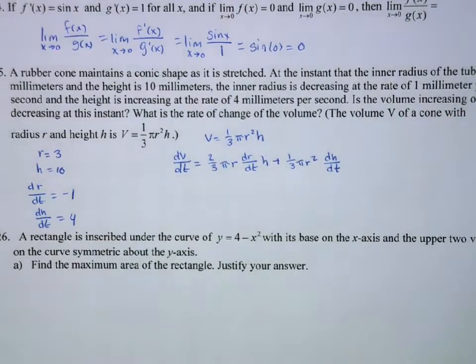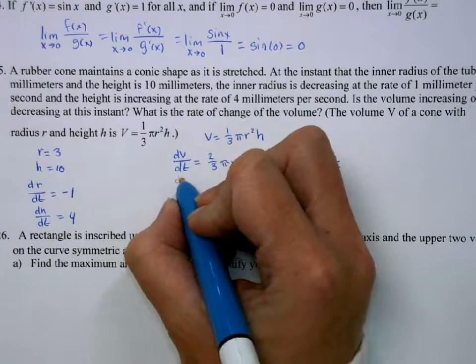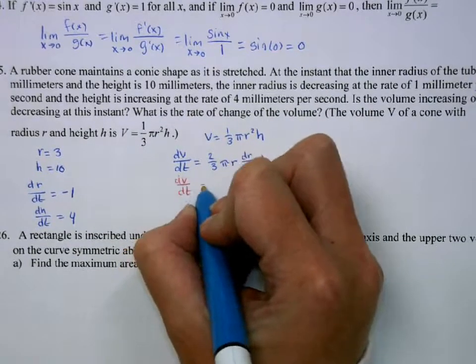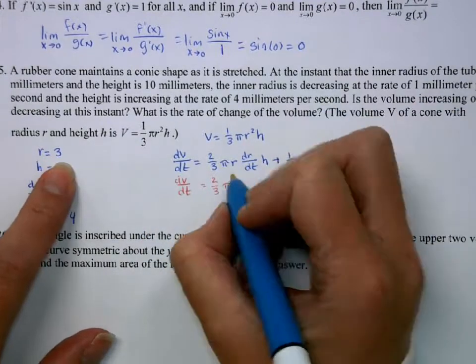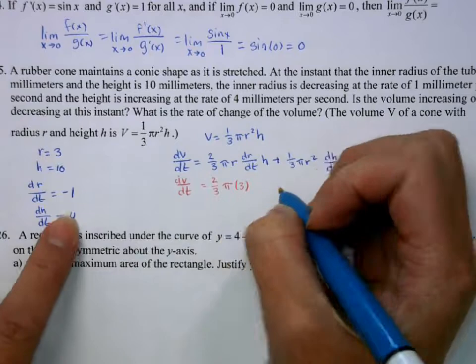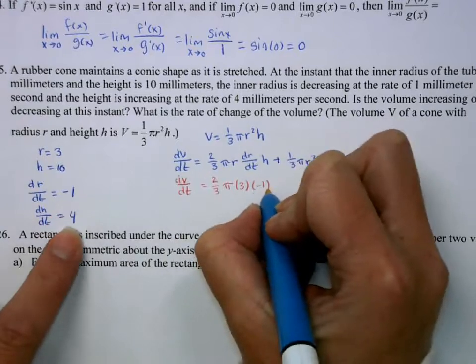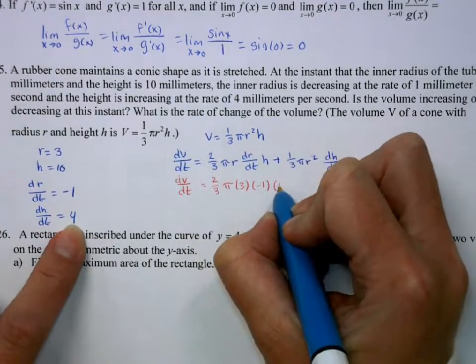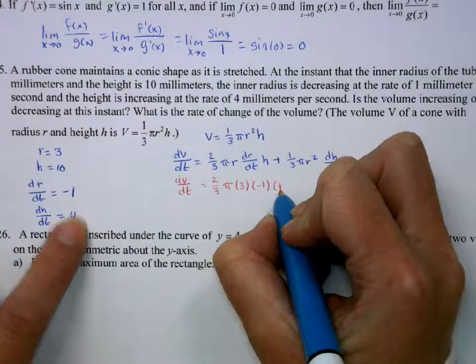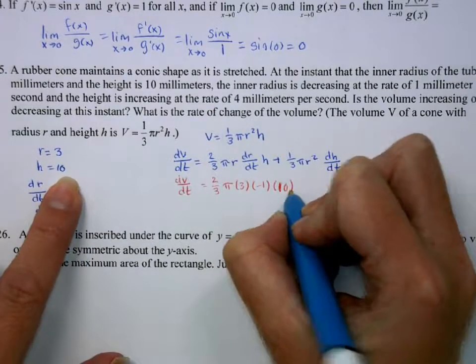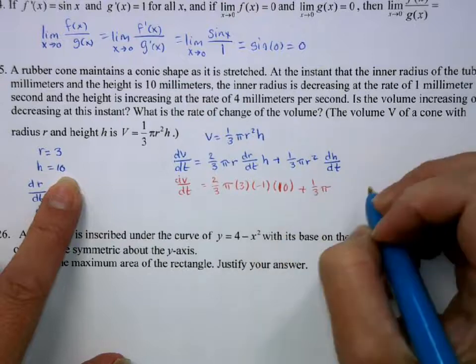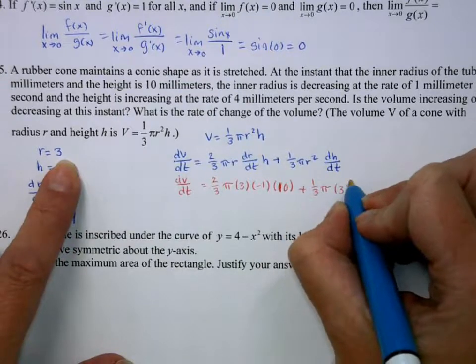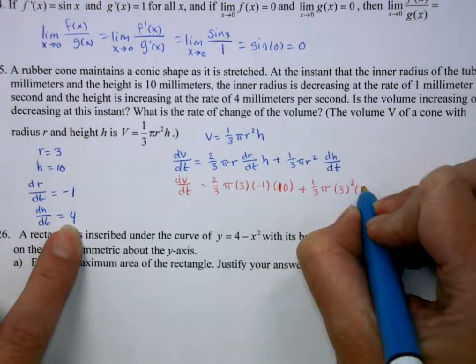Now I'm going to plug in the specific values. It is going to be 2/3 pi, my radius is 3, dr dt is negative 1, my height is 10, sorry. Okay, plus 1/3 pi r squared, then dh dt.